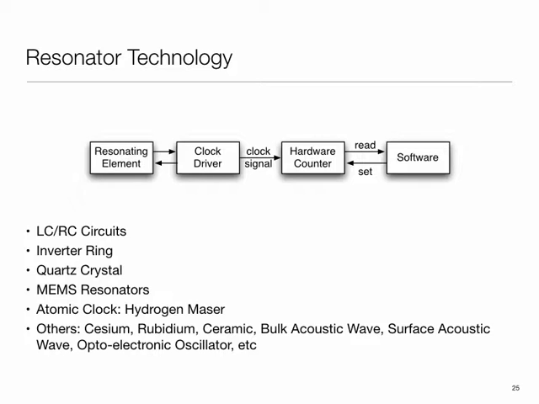So simple LC-RC circuits, inverter rings, quartz crystal, MEMS resonators. I mentioned last time that you basically use mechanical structures on chips and have them oscillate, and then chip-scale atomic clocks and such. But for typical embedded systems, it's going to be the first three or four.